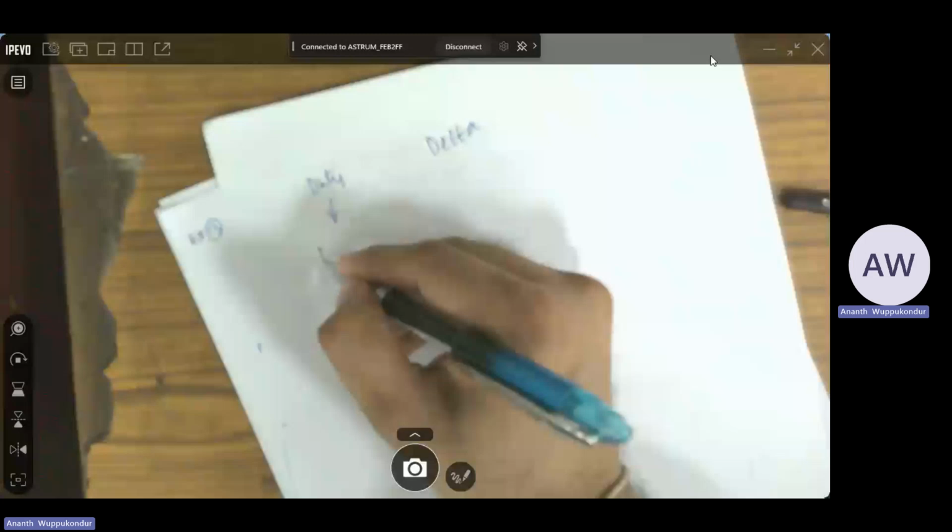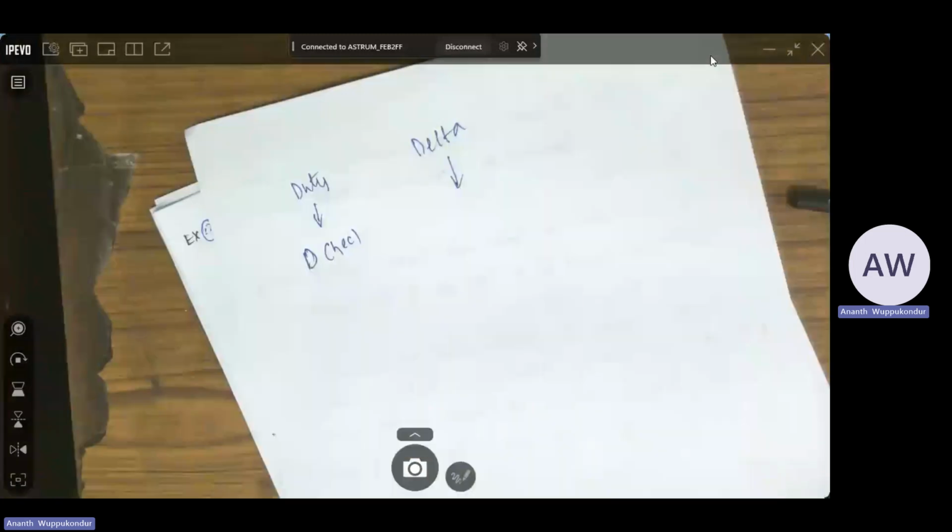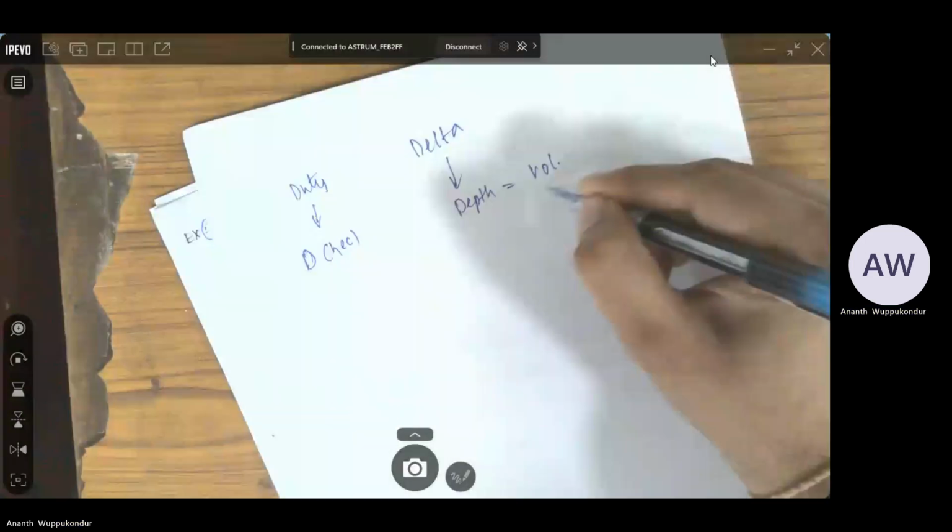So it is the depth of water that we provide for the agricultural land, right? So depth you can get from volume by area. So how much volume of water have we provided?